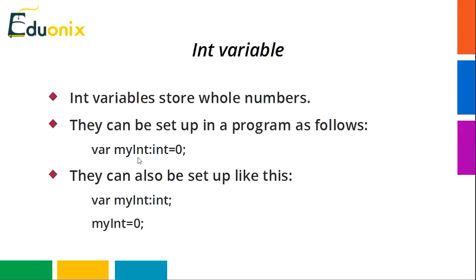But I've used just one, so I've just made that I capitalized. Then I've put a colon in, and then I've put the type of variable, which in this case is an int. And this syntax is very, very specific. You'll see it all the time. It's always the same. So you've got var, the variable name, the colon, and the type.